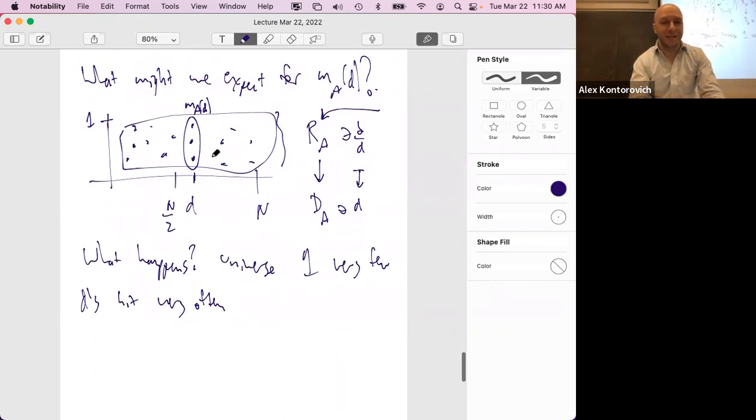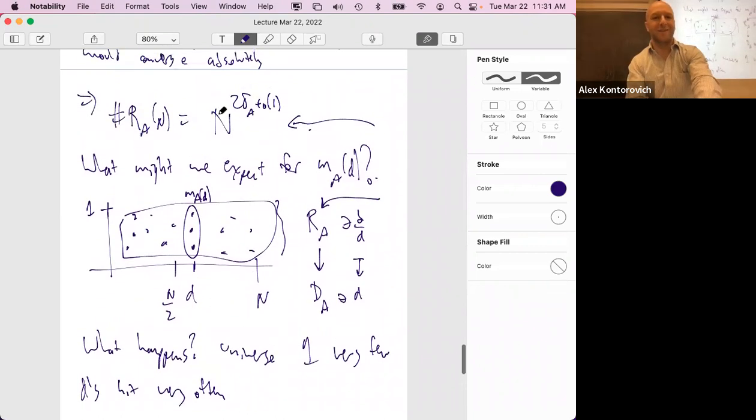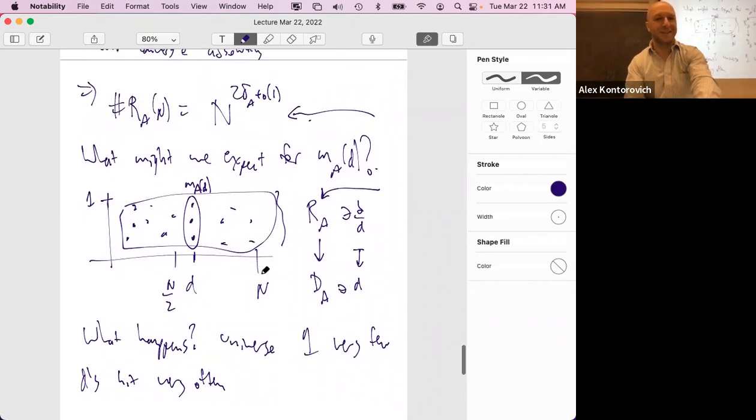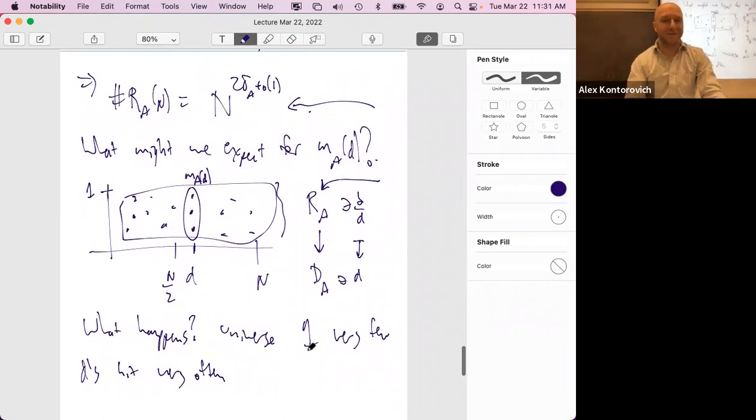I need these multiplicities to add up to n to the 2 delta. Or they could be spread out. So universe two, every D is hit roughly the same number of times, or something in between.